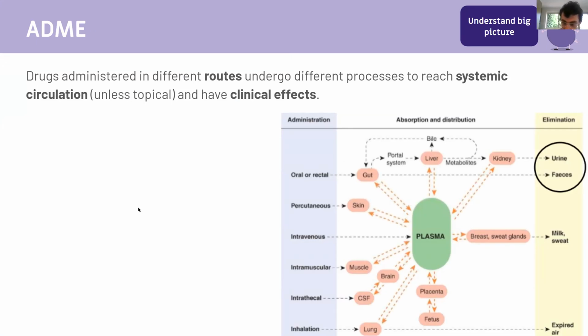I'll explain this liver metabolism in a second, but all you need to really understand from this is you're having a drug administered. It's going to go to a certain area related to the administration. So intramuscular is going to go to the muscle, oral is going to go to the gut, and eventually you're going to want it to get into the plasma so it can circulate all over the body and go to all these different organs to have an effect. Eventually it's going to be eliminated through urine, feces, and sweat.